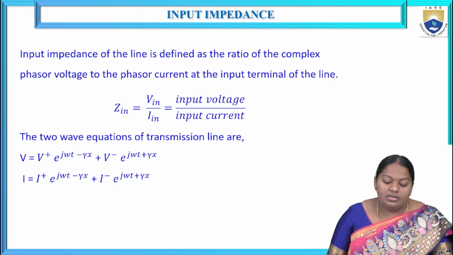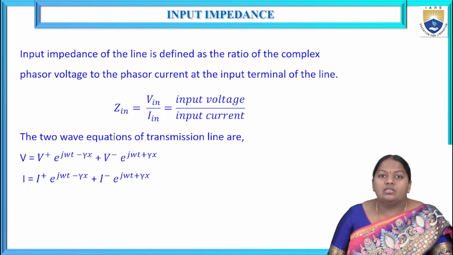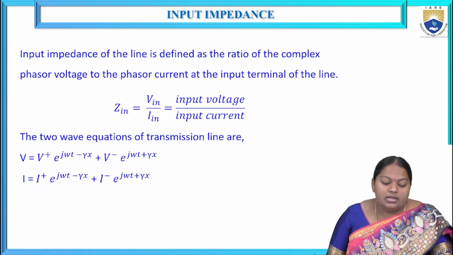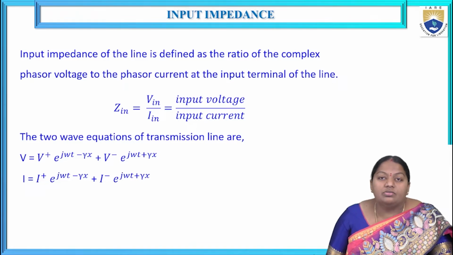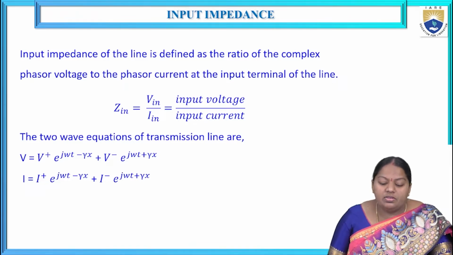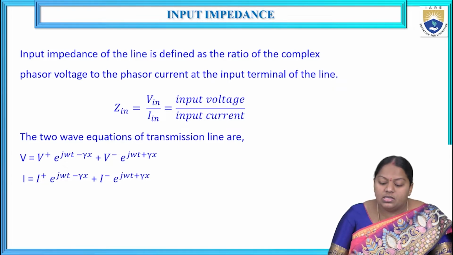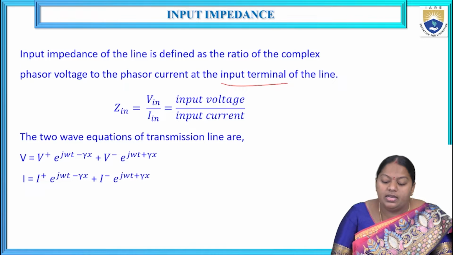As the name itself resembles, impedance means the ratio of voltage to the current, and we are defining it here for the transmission line input impedance. The input impedance of the transmission line is defined as the ratio of the complex phasor voltage to the phasor current at the input terminal of the line. We need to remember particularly input terminals, and that's why it is said to be input impedance.